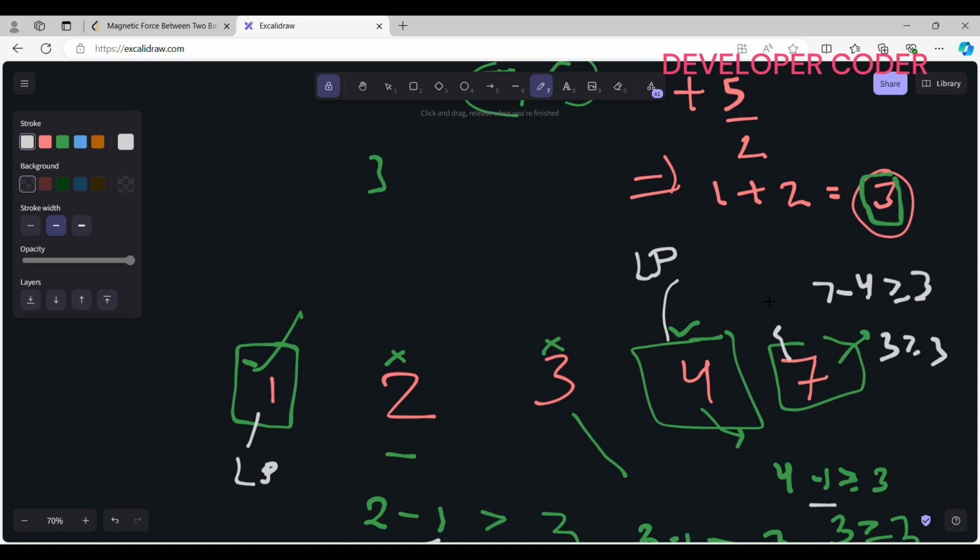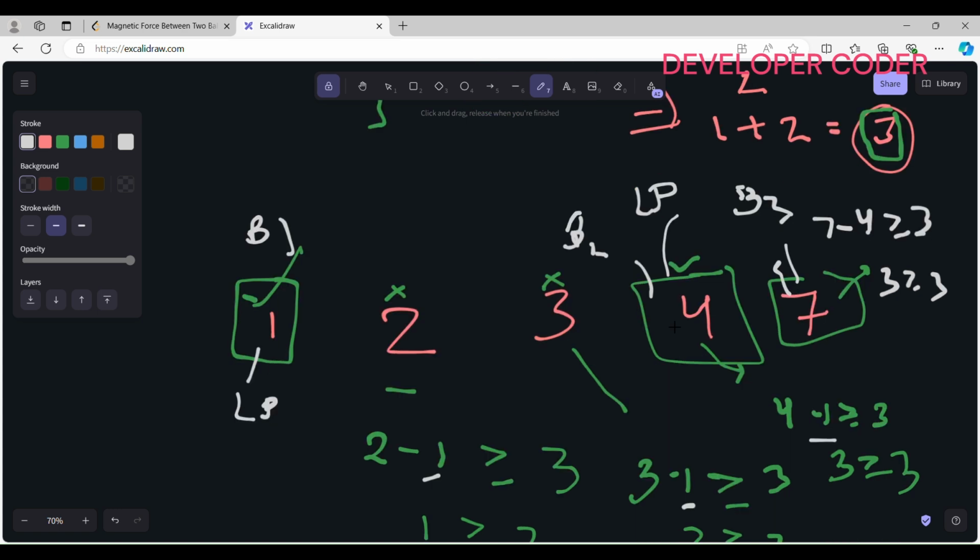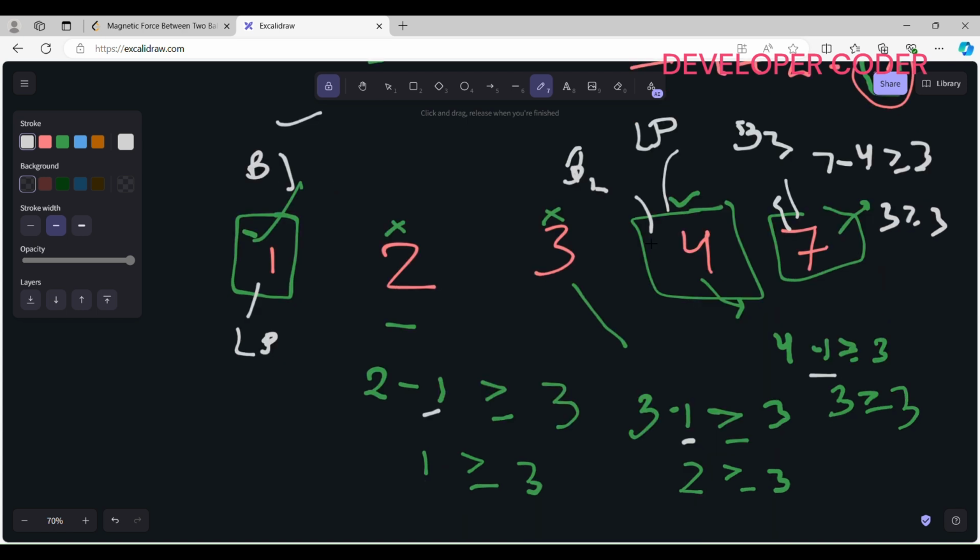So I have placed ball 1 here, ball 2 here, and ball 3 here. Side by side I am going to increment the count, to track how many balls I have placed till now. I have placed 3 balls, and my count becomes equal to m.